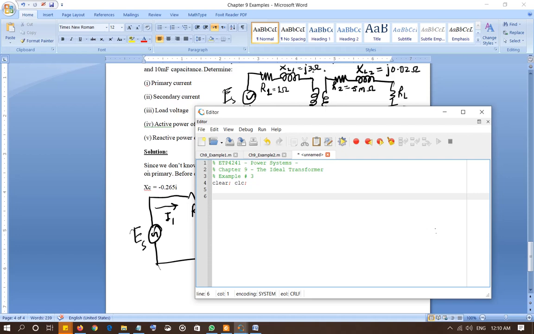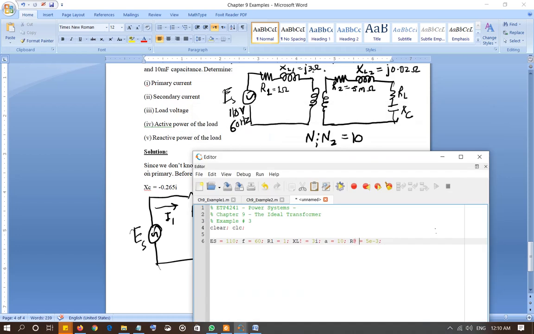ES is 110, f is 60 Hertz, and R1 is 1, XL1 is j3, and turn ratio is 10, and R2 is 5 milliohm, 5 exponent negative 3.